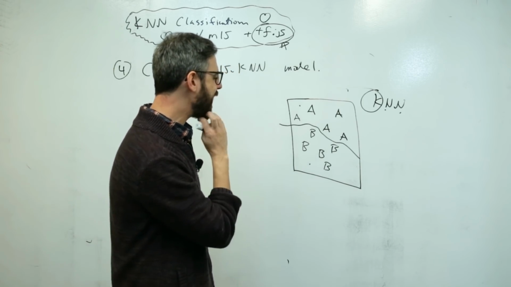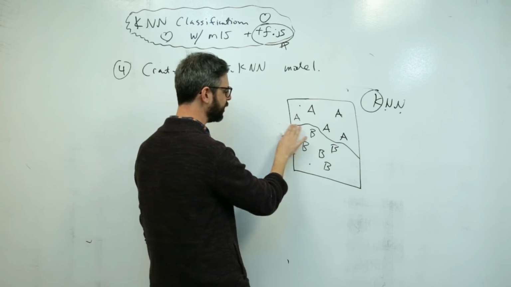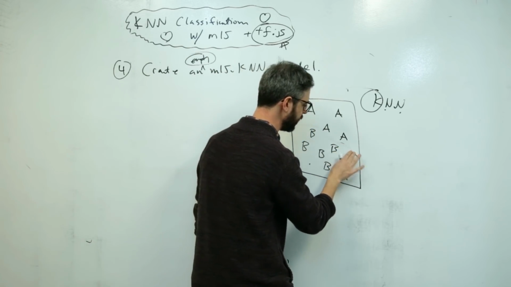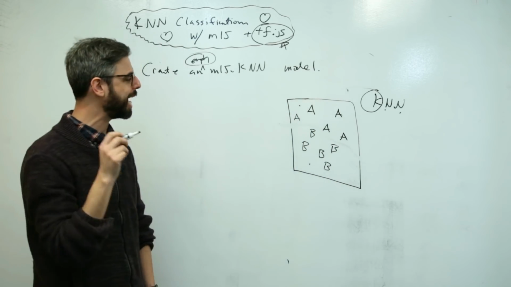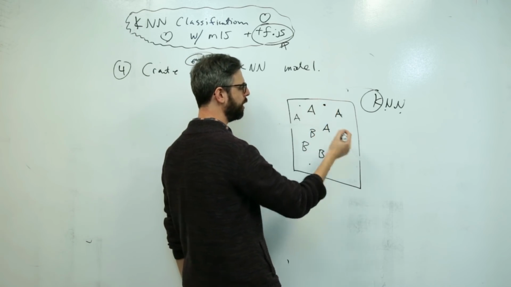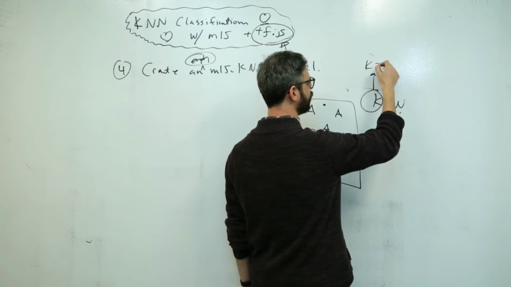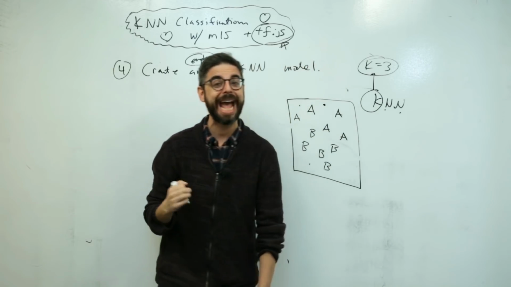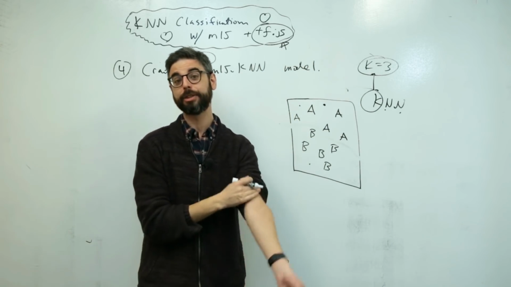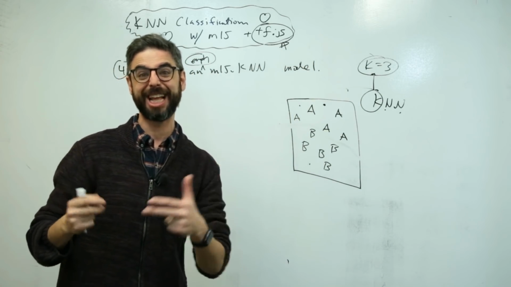So the way that the decision boundary is computed, let's take it out for a second, is that if I were to look at any given point, like this one, let's say I have a k of 3, and typically you would want a k that's an odd number, because it's basically like a voting system.